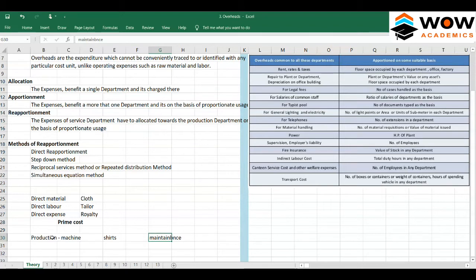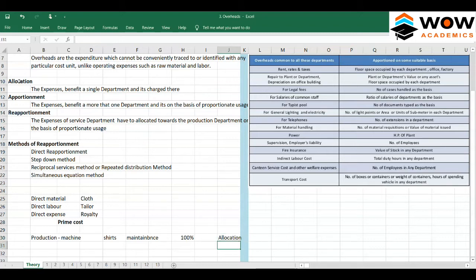So here, if that maintenance cost is particularly for manufacturing only shirts, then you can allocate 100% of that machine maintenance cost to the shirts. So it is called allocation.